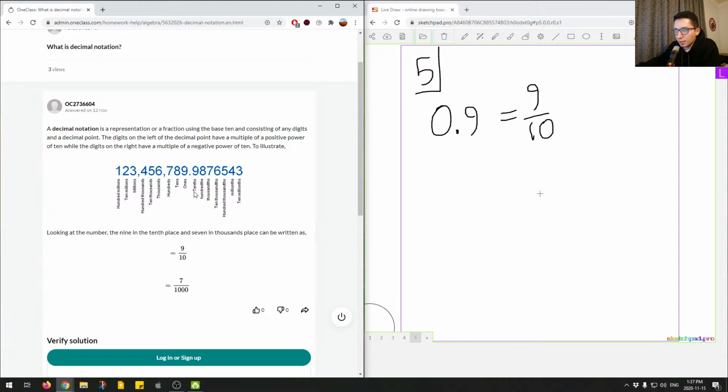And that's where the tenths comes in. Because we have a fraction where the 10 is on the bottom, that's why you have the tenths. Similarly for the 7, we have 7 in the thousandths, so we know there's 1,000 in the denominator. So 0.007 is equal to 7 over 1,000.